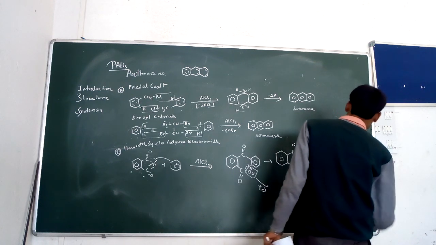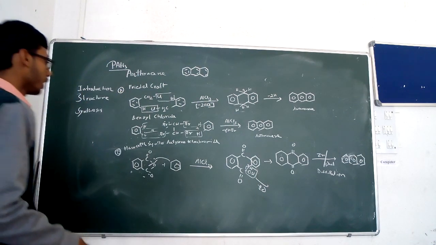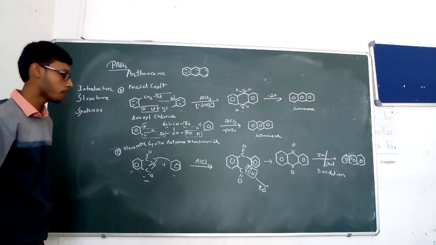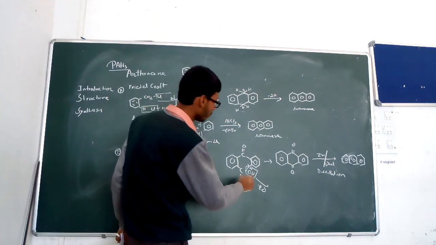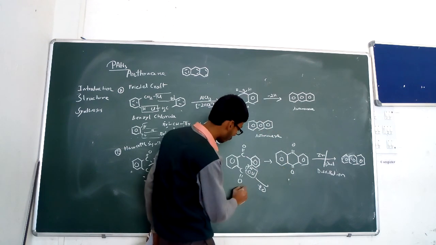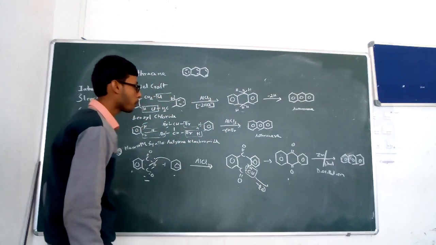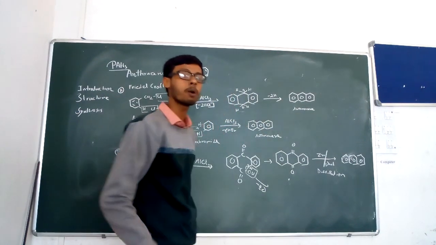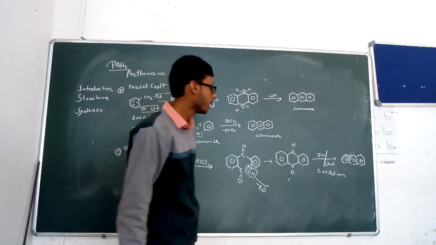I hope you all understand that in the Haworth synthesis we take the starting material as phthalic anhydride, and phthalic anhydride reacts with one molecule of benzene in the presence of aluminium chloride, and forms the adduct form of the anthraquinone, but by an intermediate where the water molecule is removed from the molecule, and it finally forms anthraquinone, and anthraquinone is further subjected to distillation with zinc dust, and it forms anthracene.